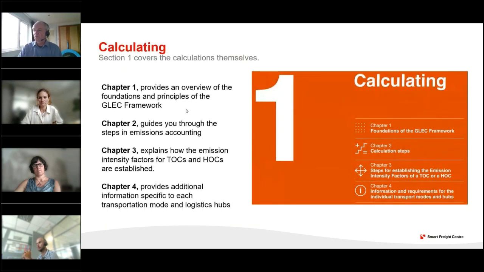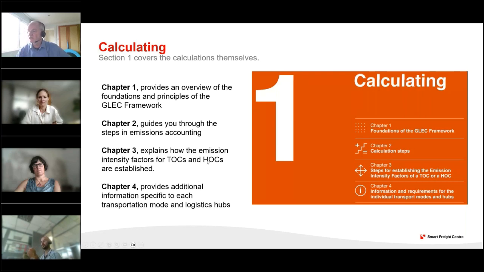Within the calculation, we run through basically the details of the various steps that you need to take, and then also that's where the detail of how the TOCs and the HOCs, those operation characteristics, are defined, and we also provide additional information for how to handle calculations within each mode, because for all the desire to standardize things as much as possible, there are always variations in terms of how modes are operated, and those nuances do require some particular specification or additional explanation.